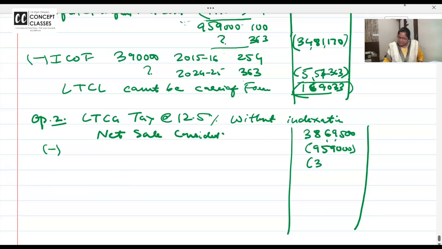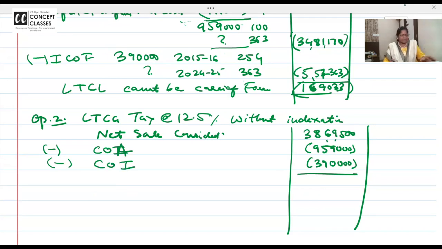And again 3,90,000, cost of acquisition, cost of improvement. 38,69,500 minus 959 minus 390 is 25,500. That's the long-term capital gain, 25,500.